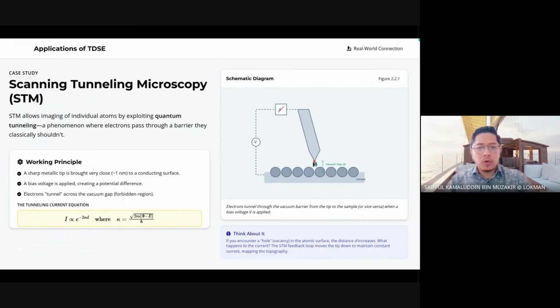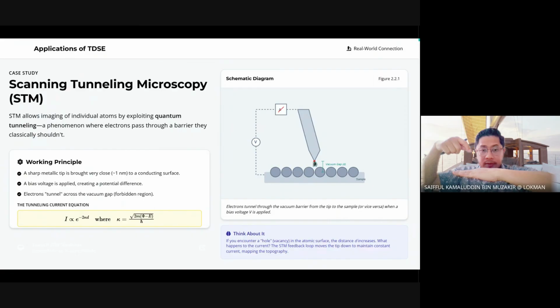So how does it work? How does the STM work? A tiny tunneling current flows between the tip and the sample. Look at the picture: the tip provides the electron flow from the STM, and the sample is our barrier.